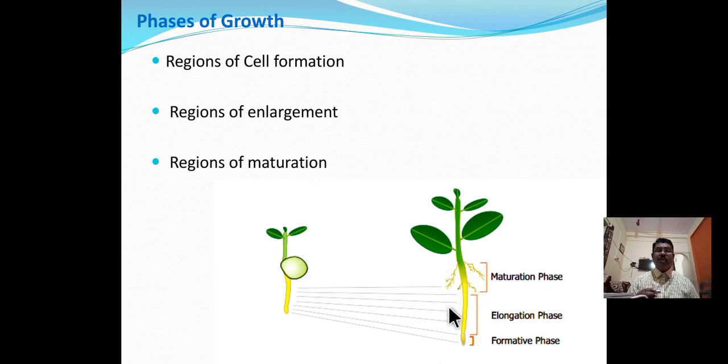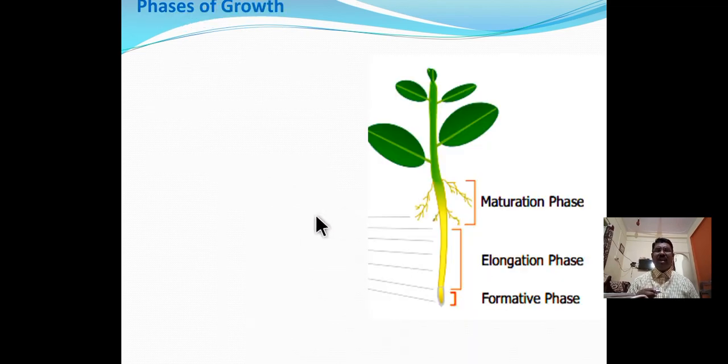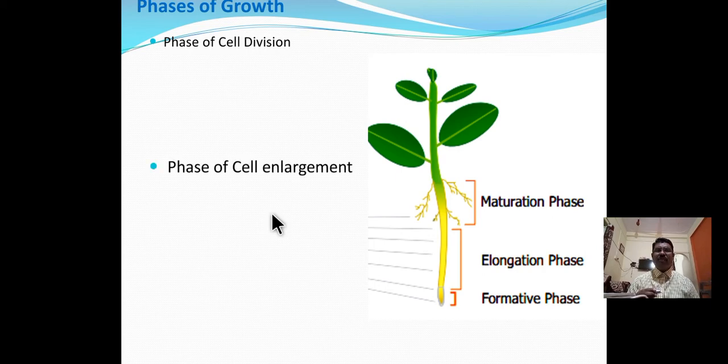The example we have taken is a root, so these are growth phases in the root. Now in detail about the phases of growth: the phase of cell division, the phase of cell enlargement, and the phase of maturation.